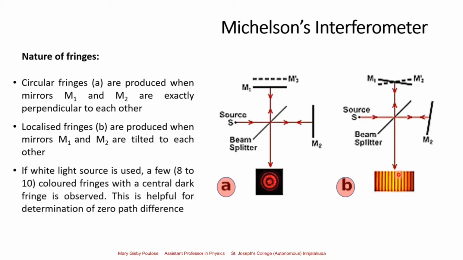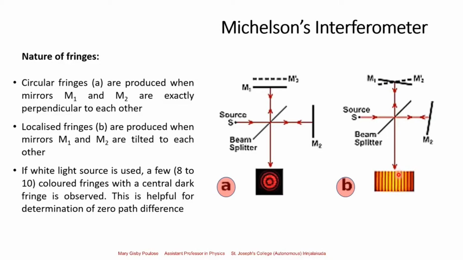Now, till now we had been discussing using a monochromatic source of light, a single wavelength source. Instead of that, if we use a white light source, what do we see? We will see a few colored fringes, and it may be just 10 or 12.